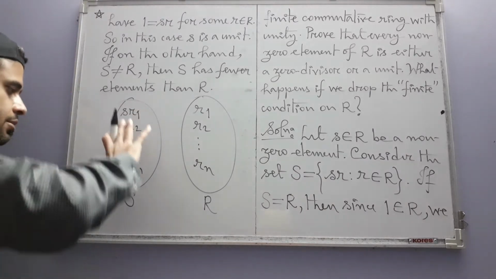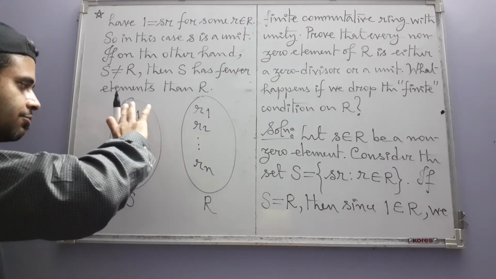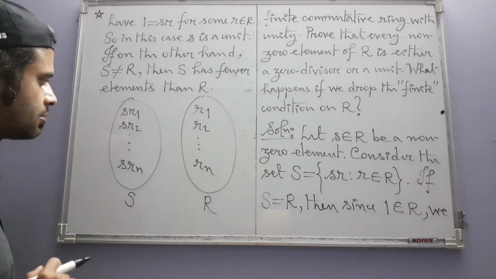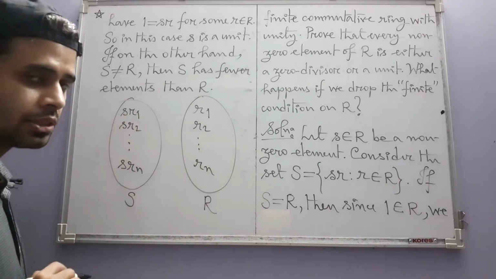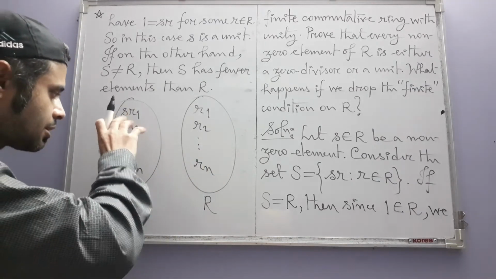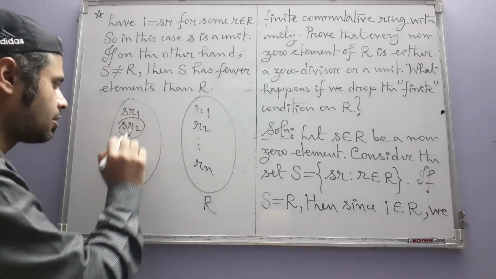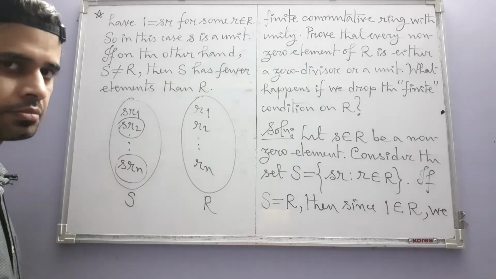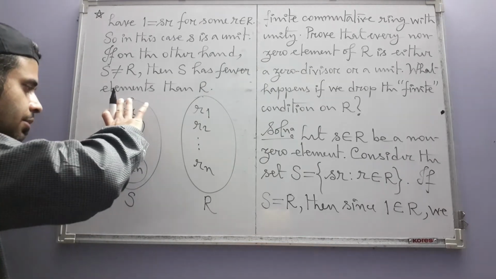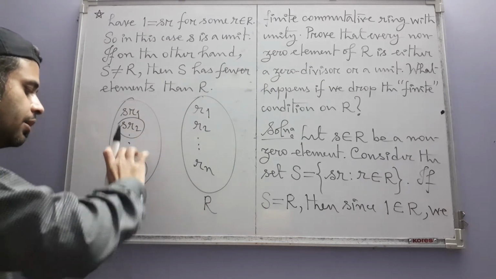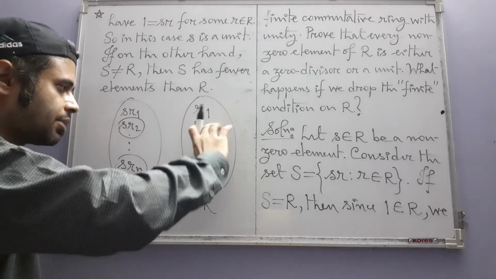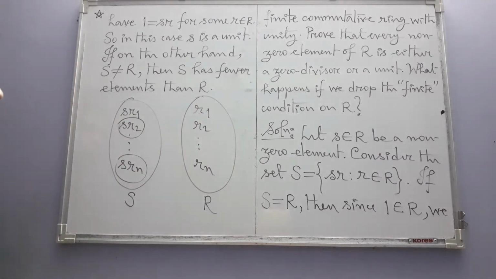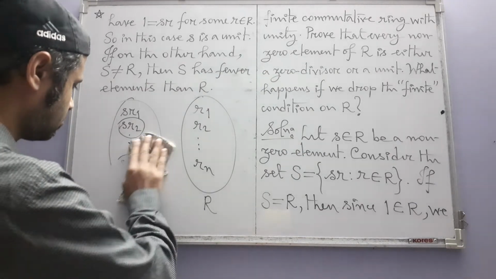Now if this must have fewer elements than this, then there should be some repetition in this list. There should be some collapse, that is some sri should be equal to some srj. Naturally, because in that way only the number of elements in S will be fewer than what we have here.